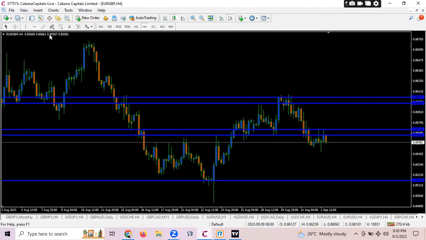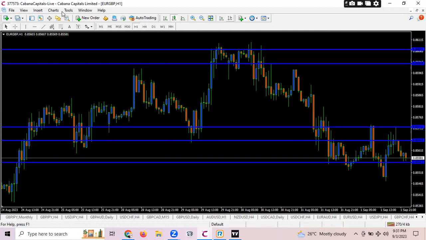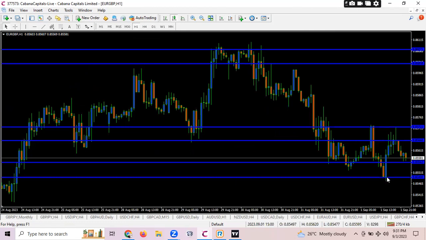Then if you want to sell, you have this support. So you could consider selling below this zone. That's my take on Euro GBP.